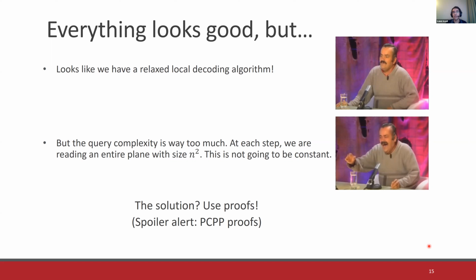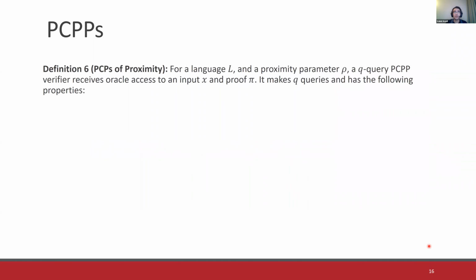We are going to use some proofs, PCPP proofs. So let's get into the PCPPs. These are PCPs of proximity, and they're defined for a language L and some proximity parameter rho. Here a verifier receives oracle access to an input X and a proof pi. It makes Q queries to both of them, and it has two properties. If the input is in the language, then there exists some proof such that the verifier accepts with probability 1.